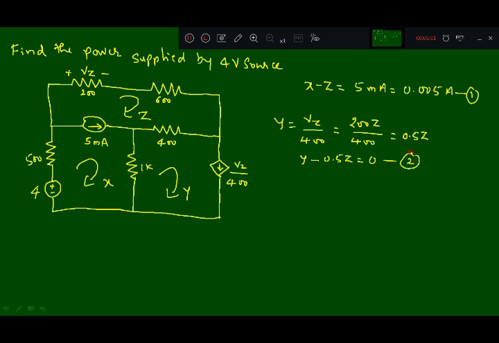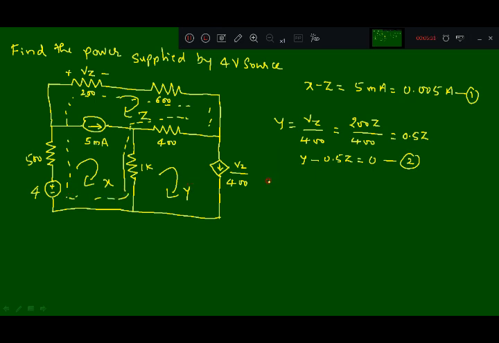Then we have the super mesh, because the current source is in between two loops, so this complete loop becomes the super mesh.